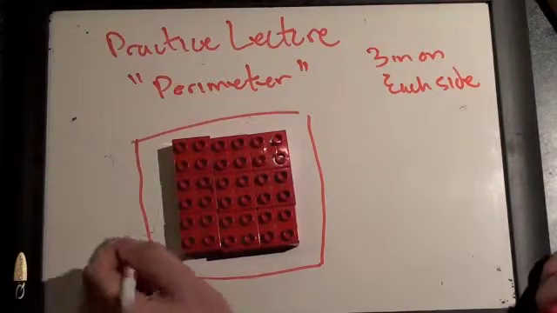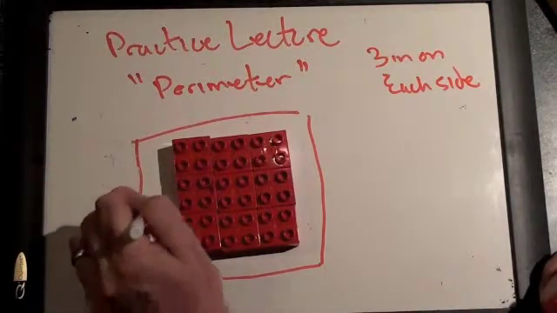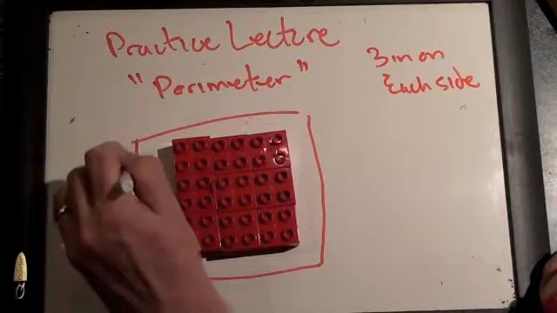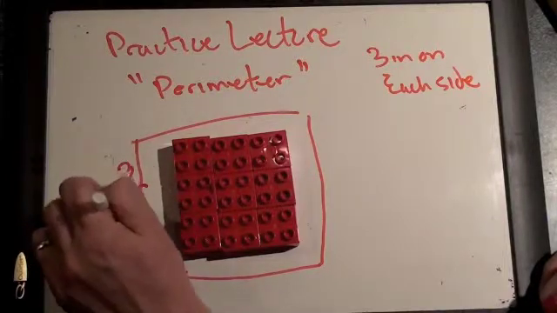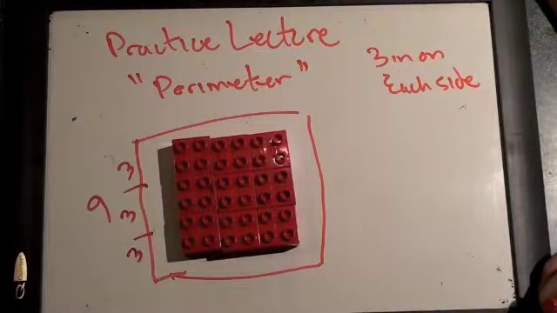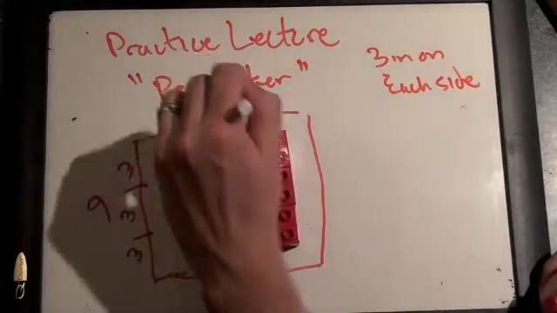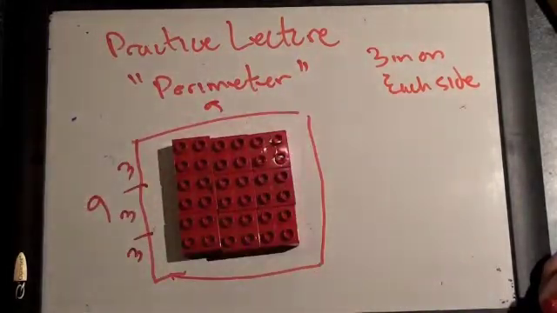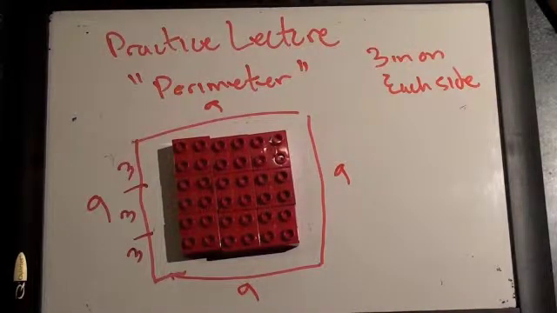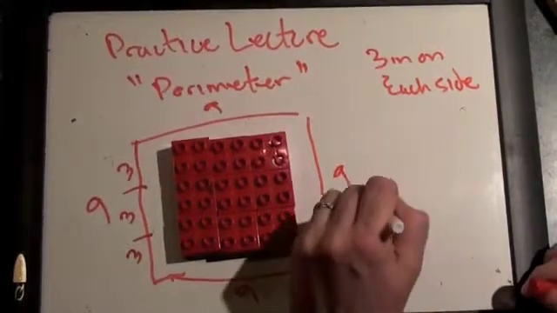Right, that's how many squares are on each side, and each is 3 inches. So this side's 9. How long is this side? That would be another 9. How long is this side? 9. And a 9. So it's 9 times 4, which is 36.